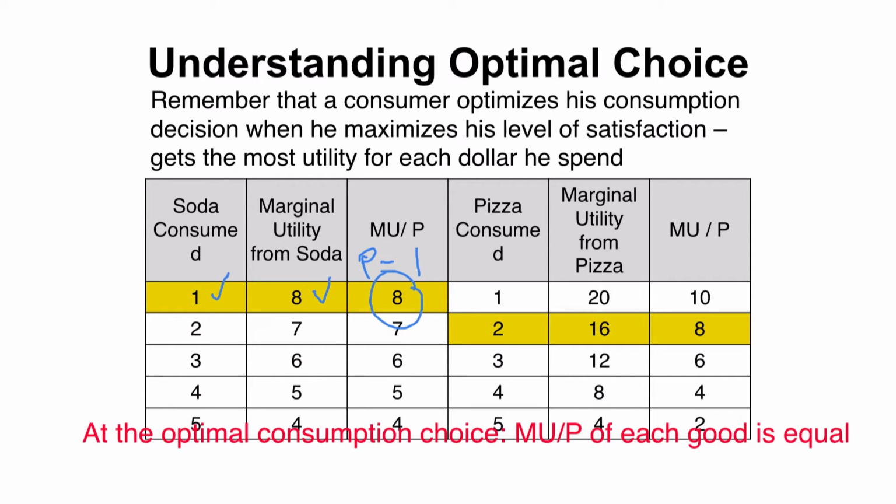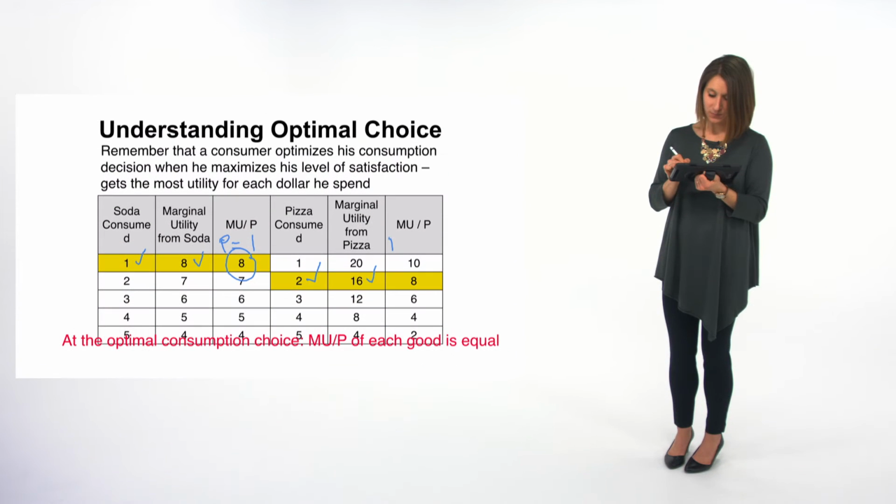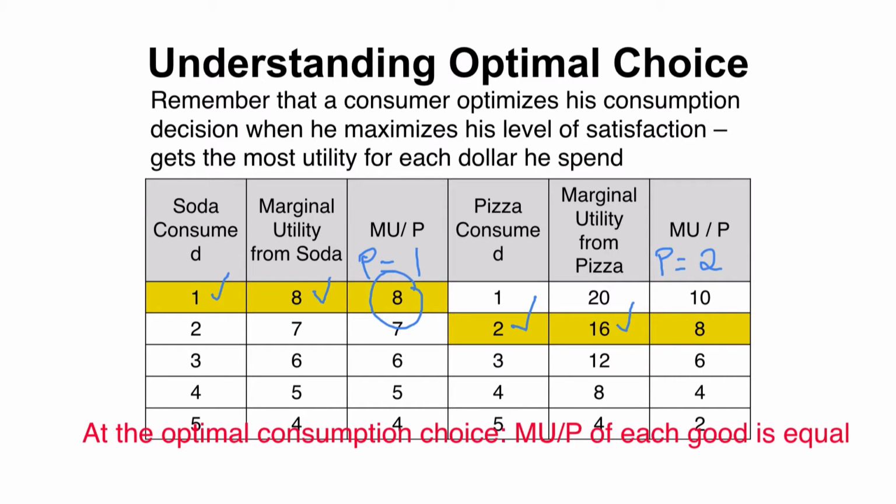How much pizza do we consume? We consume 2 slices of pizza. The additional utility that we derive from that second slice of pizza is 16 units. The price of pizza is $2. So we divide 16 by 2, marginal utility divided by the price. We get marginal utility for each dollar that we spend on pizza of 8.